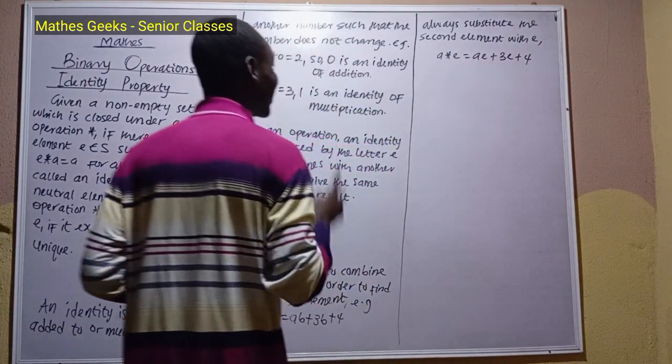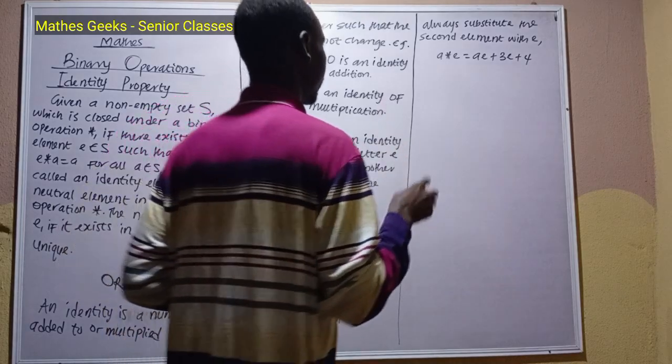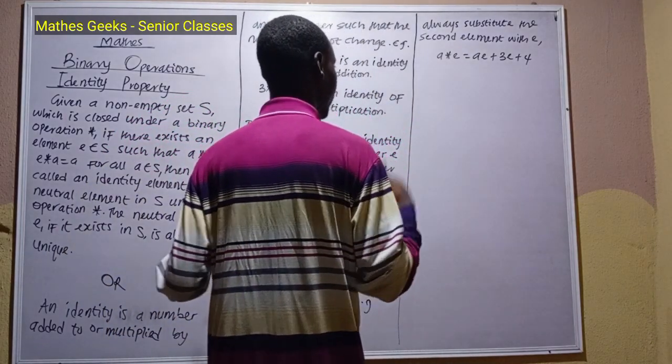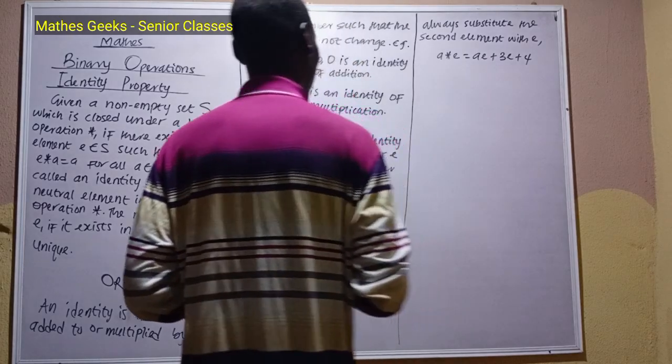So always substitute the second element with E. In that way, you'll be able to get the identity element under that particular operation.